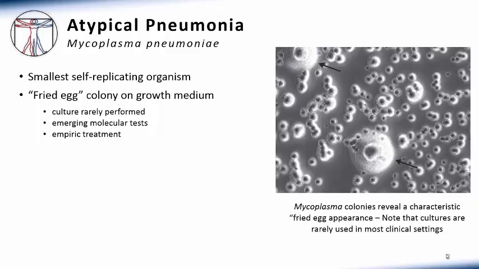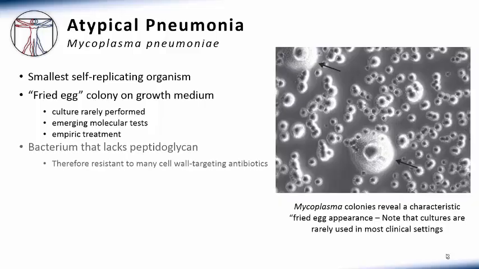Practically, cultures are rarely performed for this agent, and either the organism is diagnosed by PCR or other emerging molecular tests, or else it is generally just treated by empiric therapy. Microbiologically, this bacterium lacks peptidoglycan. Therefore, it's resistant to many of the cell wall targeting antibiotics, such as the beta-lactams.